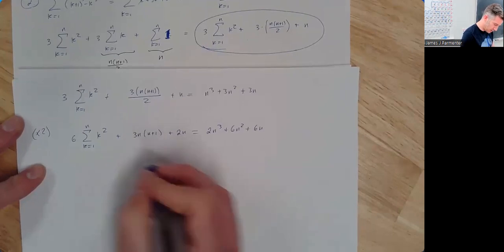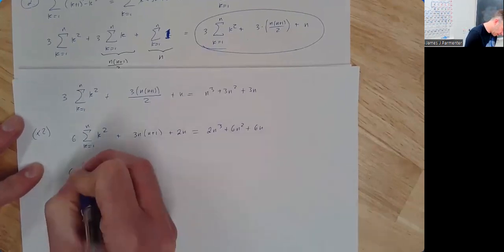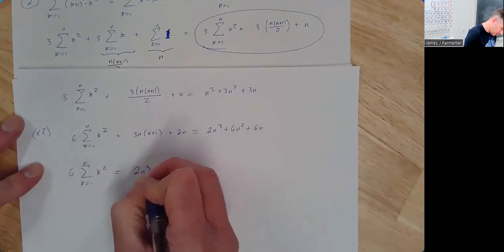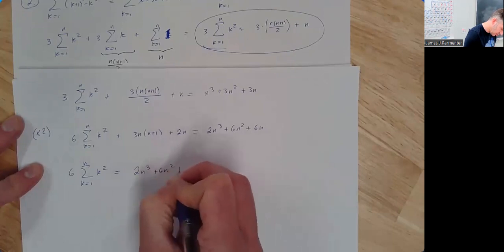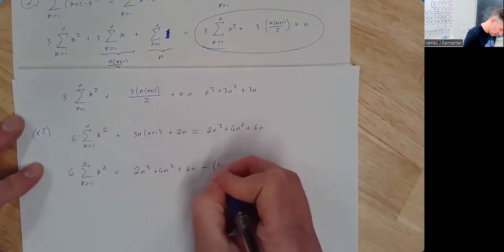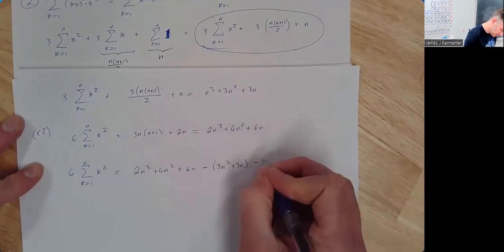Now we're going to subtract all this to the other side. So that 6 times the sum from k equals 1 to n of k squared is equal to 2n cubed plus 6n squared plus 6n minus this, which is 3n squared plus 3n minus this.